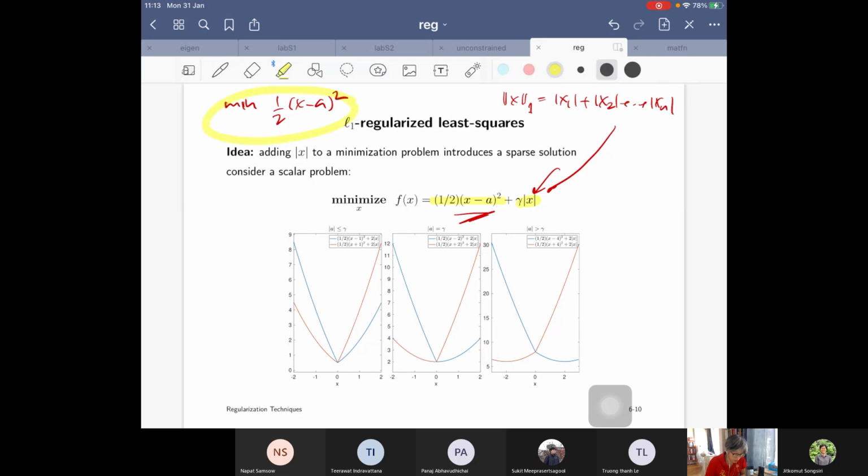Minimizing this objective is very simple because it is a quadratic function, a parabola centered at A. So the solution must be A.